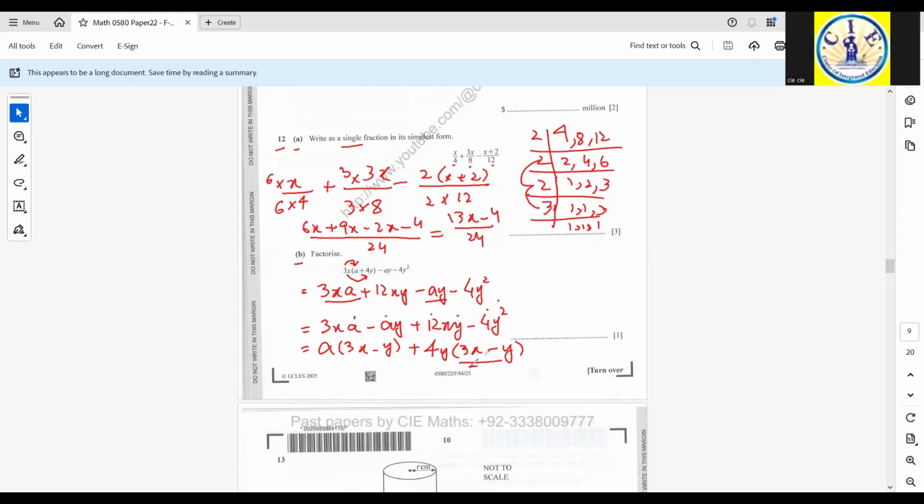You need to observe that 3x minus y is again coming as a common expression from these two terms. So I can take 3x minus y common, and then I'm left with a and 4y, a plus 4y. Since these two factors are written as a product, factorization is complete. So the final answer is 3x minus y times a plus 4y.